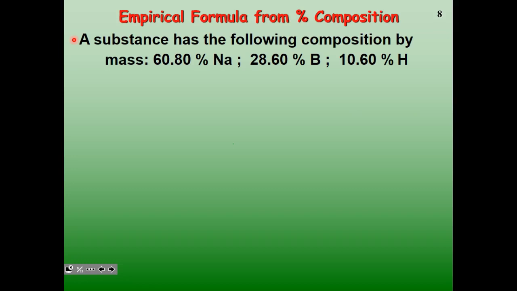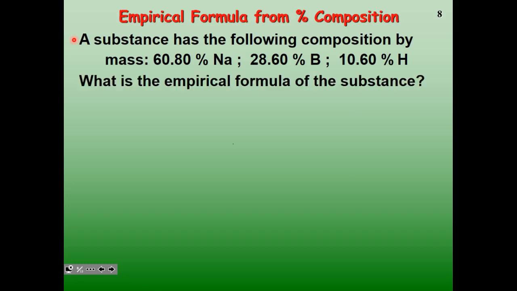When you are given the percent by mass, the percent composition of a substance, what I want you to do is assume that the sample size is 100 grams. So what's 60.8% of 100 grams? It's 60.8 grams.